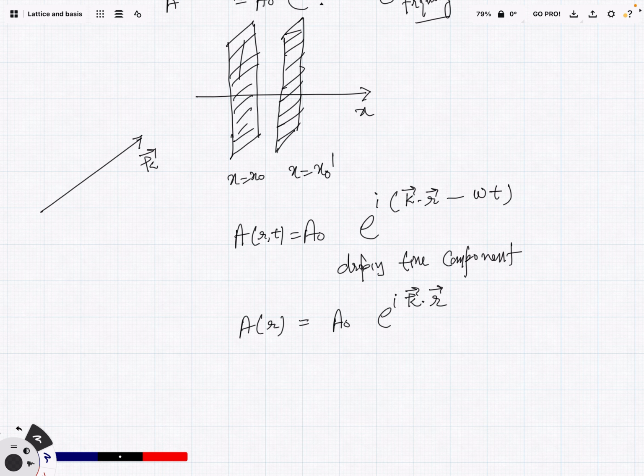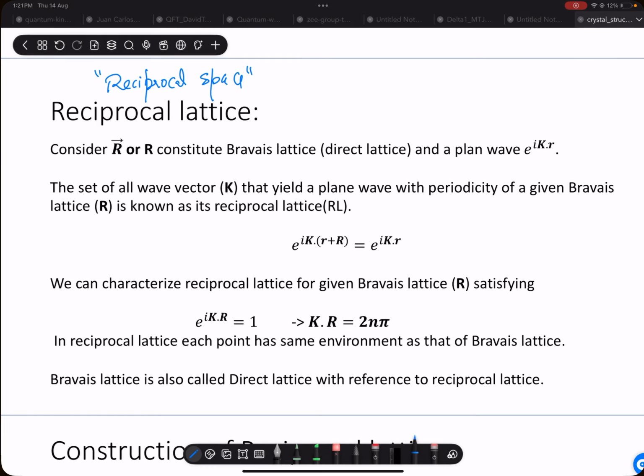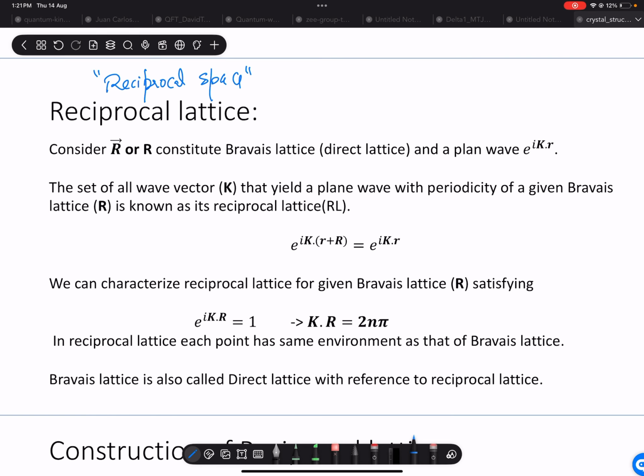Let's consider R to constitute a Bravais lattice, that is, the direct lattice, and there is a plane wave e raised to i k dot r. The set of all the wave vectors that yield a plane wave with the periodicity of a given Bravais lattice is known as its reciprocal lattice.